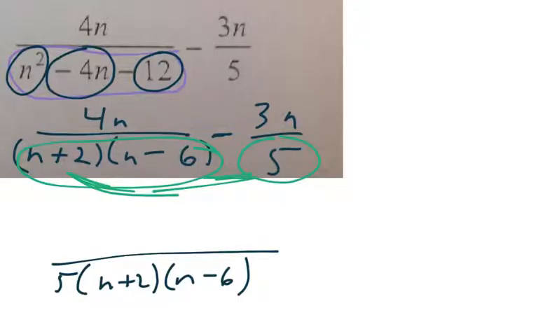Okay, so follow very closely here, guys. Notice this one in red already has n plus 2 and n minus 6. So what does it need to have this complete common denominator we came up with? All it needs is the 5, correct?